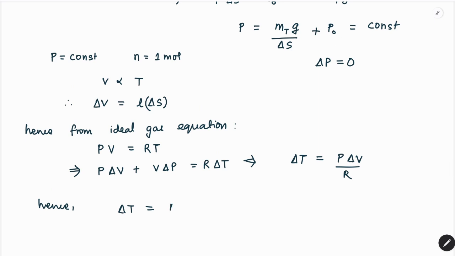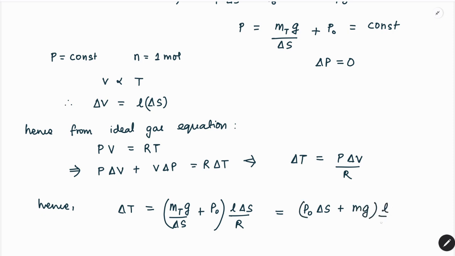So we are writing M total G by delta S plus P naught, times delta V. So delta V we are writing as L delta S, upon R. So this is going to be the expression for the change in temperature. So if we multiply this by the delta S term, we are going to land at an answer: P naught times delta S plus M g, times L by R.